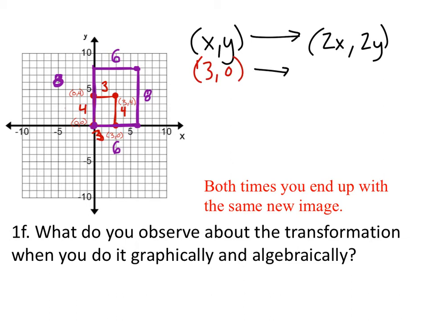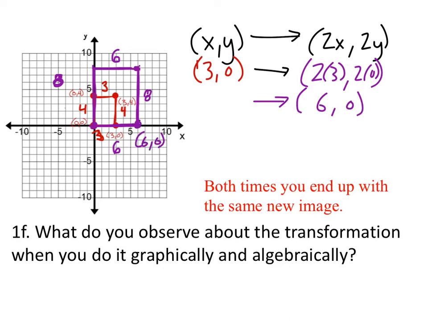Then from the transformation, we're going to double those values. So that'd be 2 times 3, and then 2 times 0. And that would give us the new ordered pair of 6, 0, which is this point right here. 6, 0. So they correspond with each other, and we can continue this pattern.